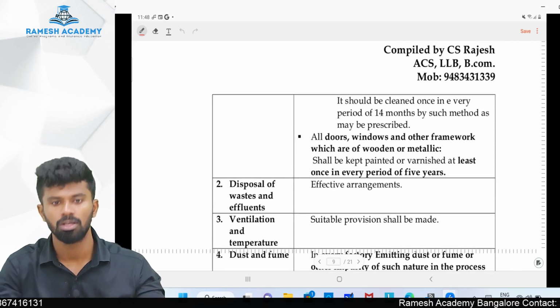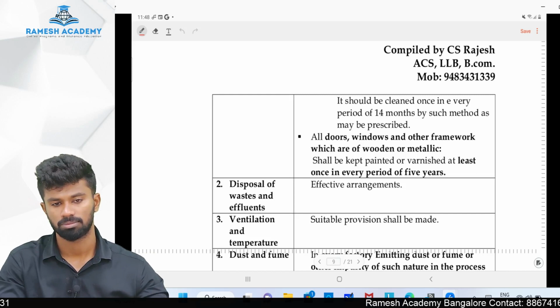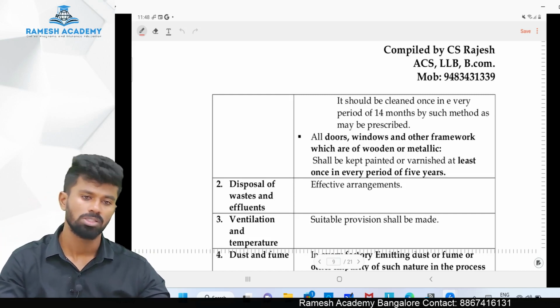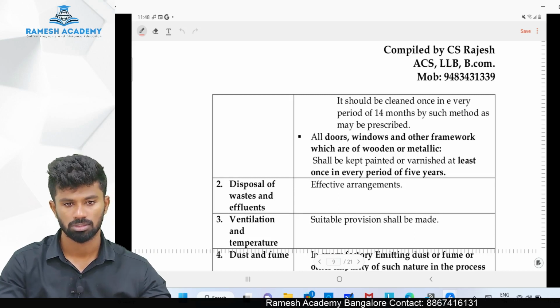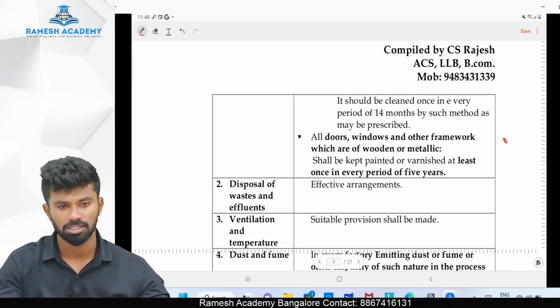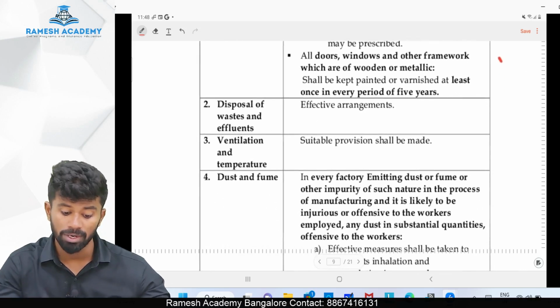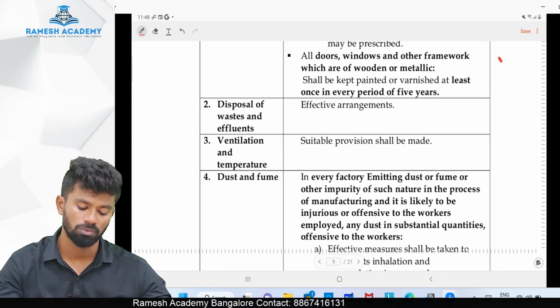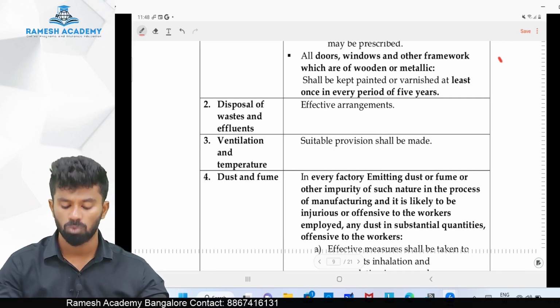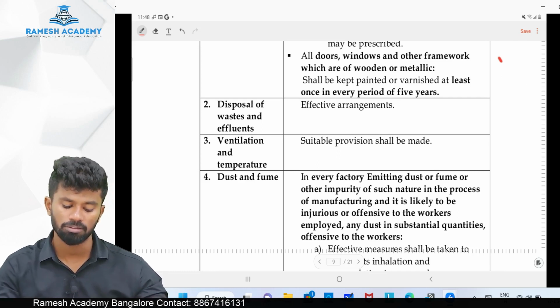Washing should be done once in every week. Whitewashing of the interior walls once in every 14 months. Okay, and surfaces once in every 5 years. All the doors, windows, other framework which are of wooden or metallic shall be painted or varnished at least once in every period of 5 years.